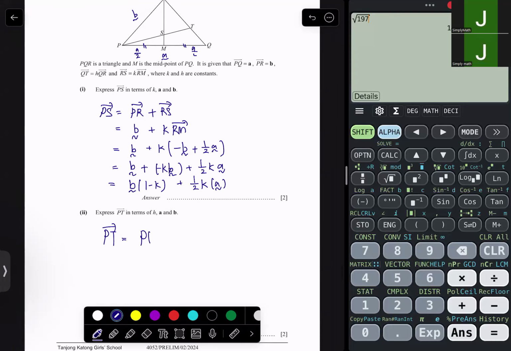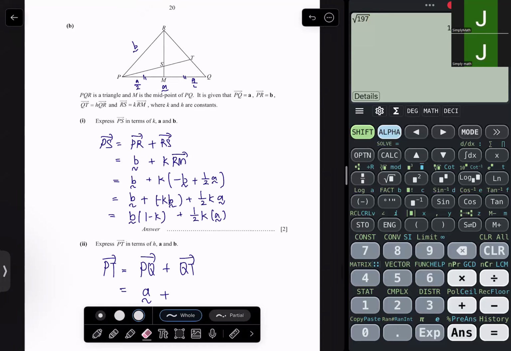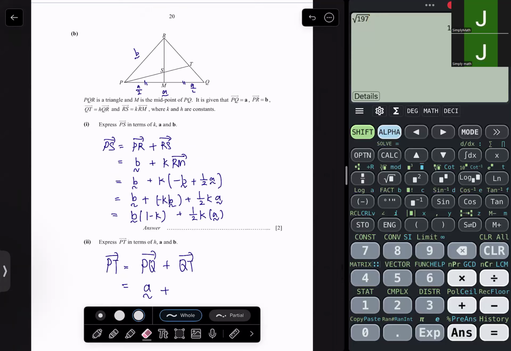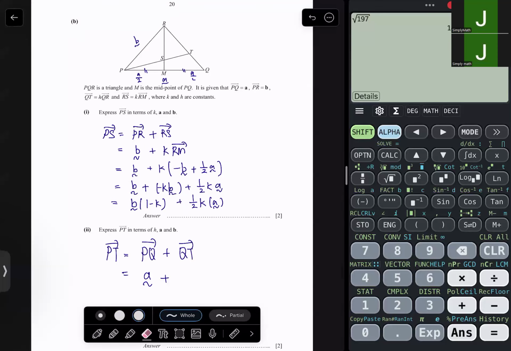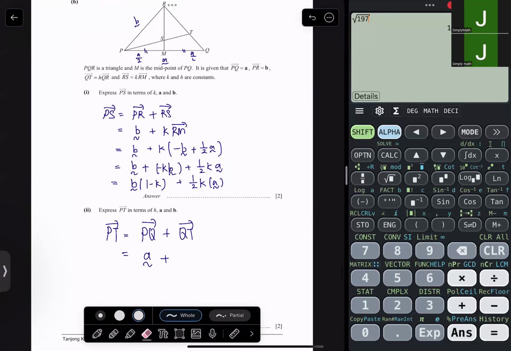PQ plus QT. Now, PQ is the vector A. QT, however, is HQR. QR is QP plus PR, plus H times of QT, which is negative A, plus PR.